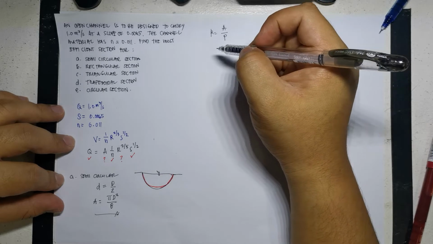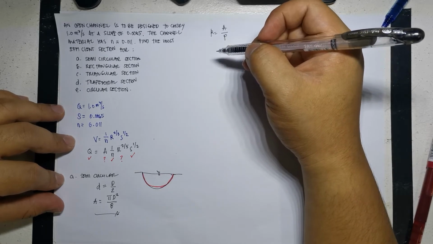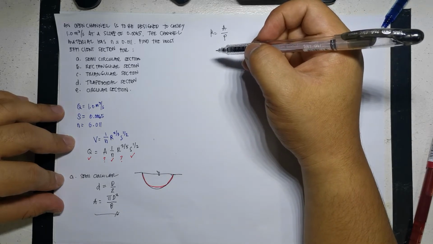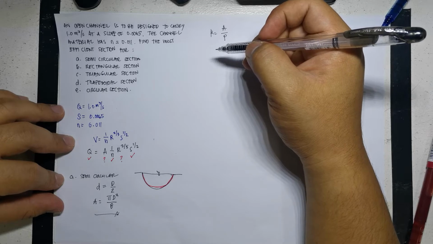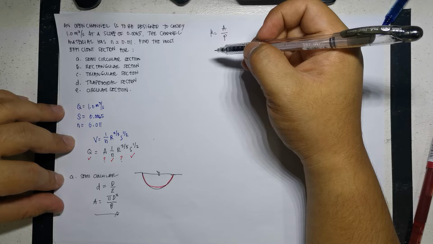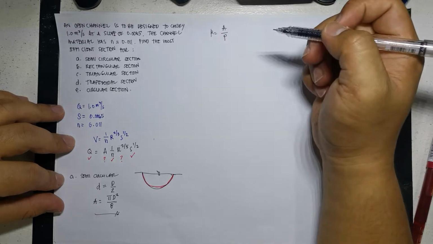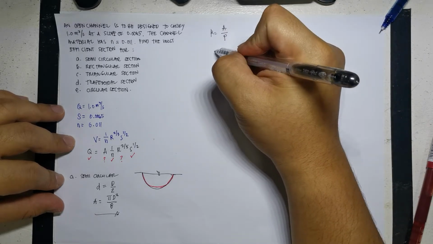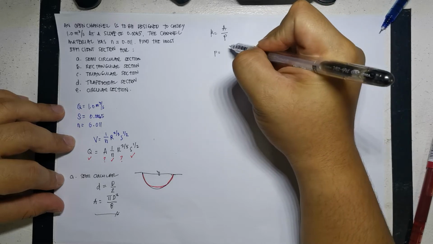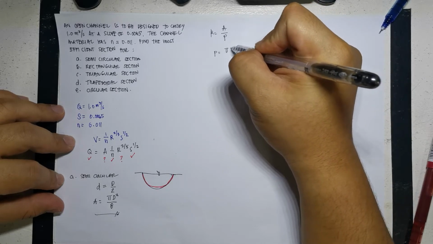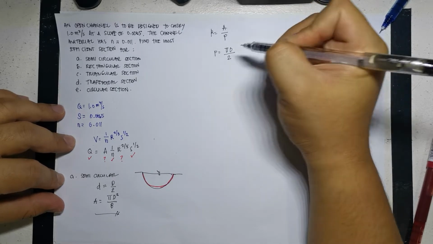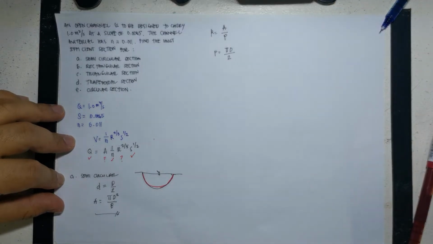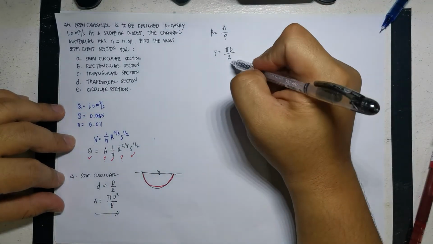So ang formula for circumference ng circle is pi d, so that will be 1/2 pi d, or pi d over 2. Ayan.